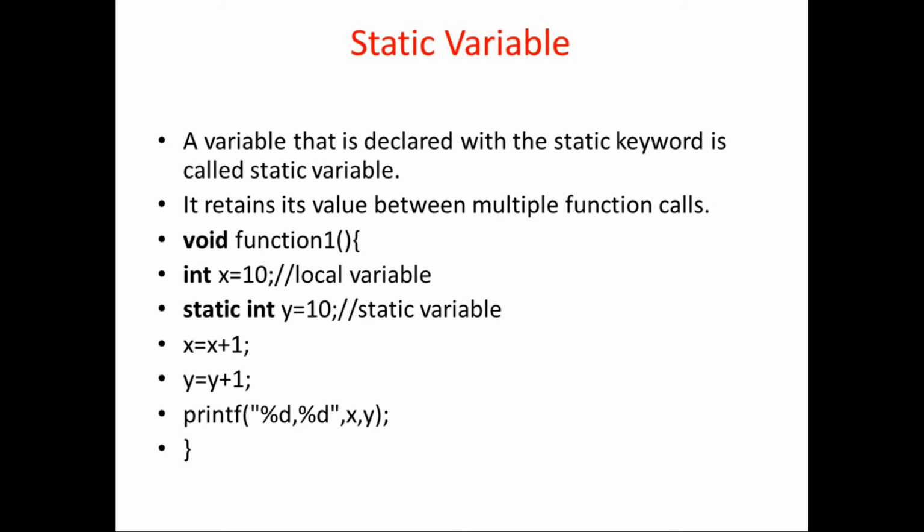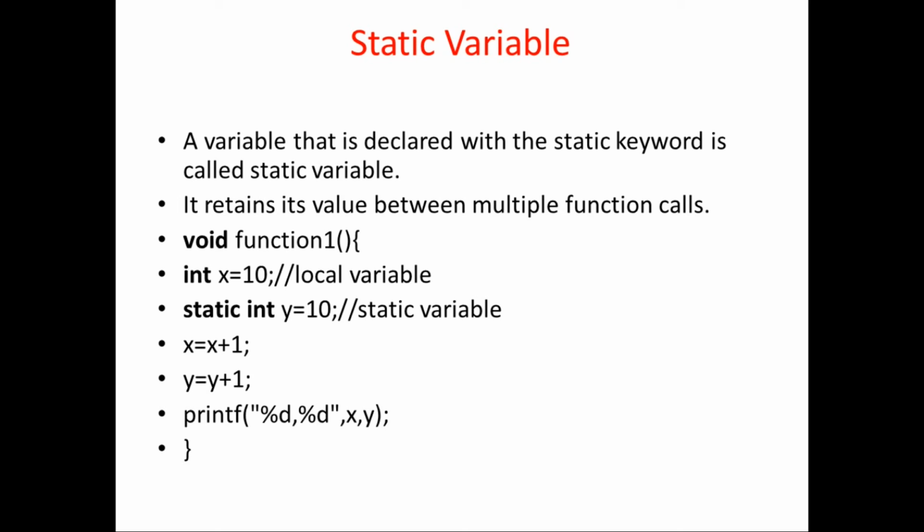The third one is the static variable. For a static variable, you just use the static keyword. It is also considered a local variable, because we define this variable in the function only.